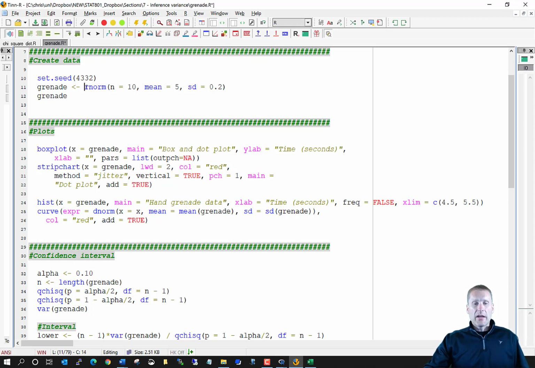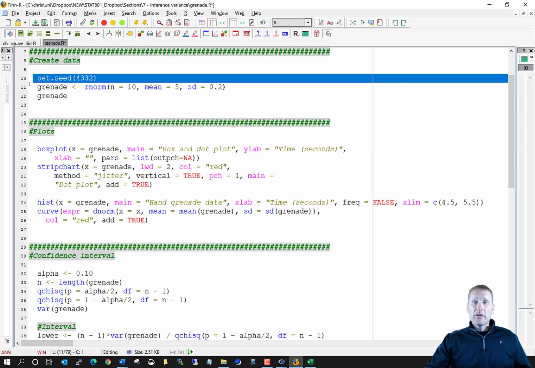The way I do that is to use rnorm as my function. R stands for random. rnorm n equal 10, mean equal 5, standard deviation 0.2. So notice I'm simulating the data assuming that what the manufacturer says is true.